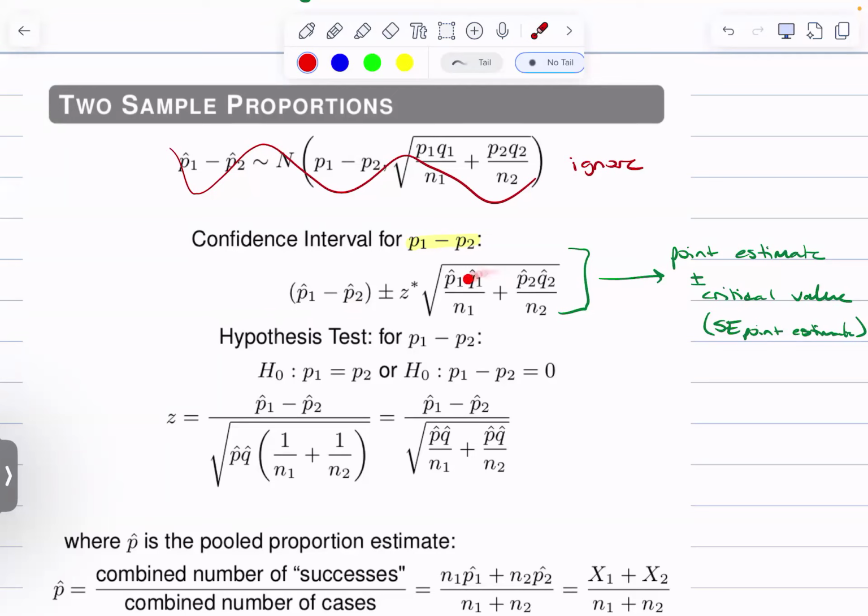And then this huge square root, that's just your standard error of that point estimate. You don't need to memorize that because it's on your formula sheet, but it's nice to know what it is. So we'll be able to build a confidence interval. The interpretation becomes about the difference in the proportions. And so for two sample proportions, we're talking about the difference in proportions.